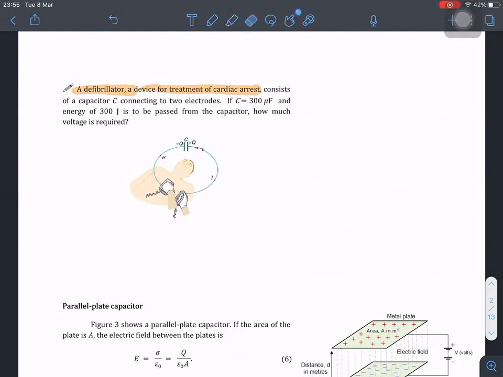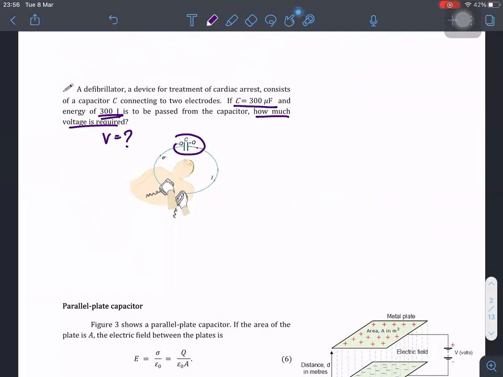They give us the information of C, the capacitor, and say that the capacitor here has the energy of 300 joule, and they ask for the voltage that would be used.